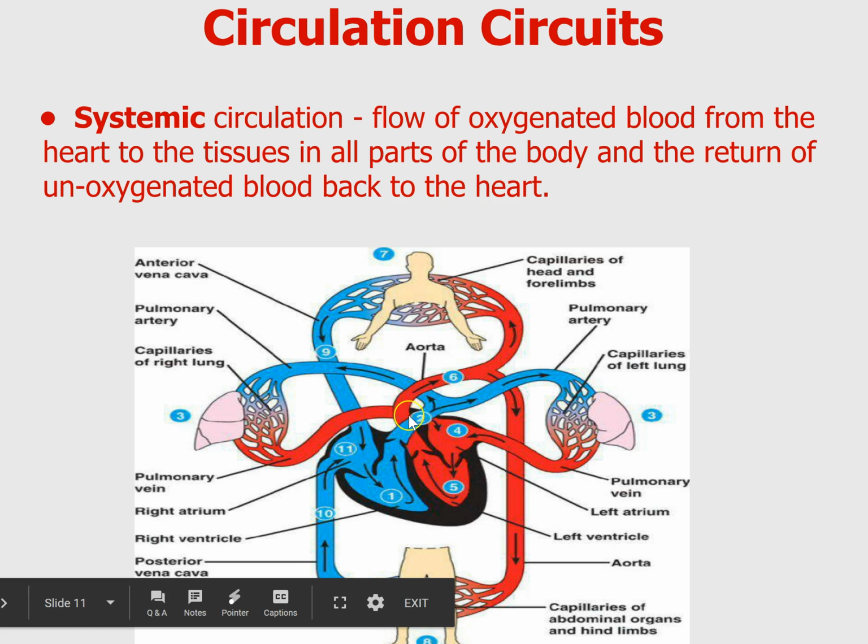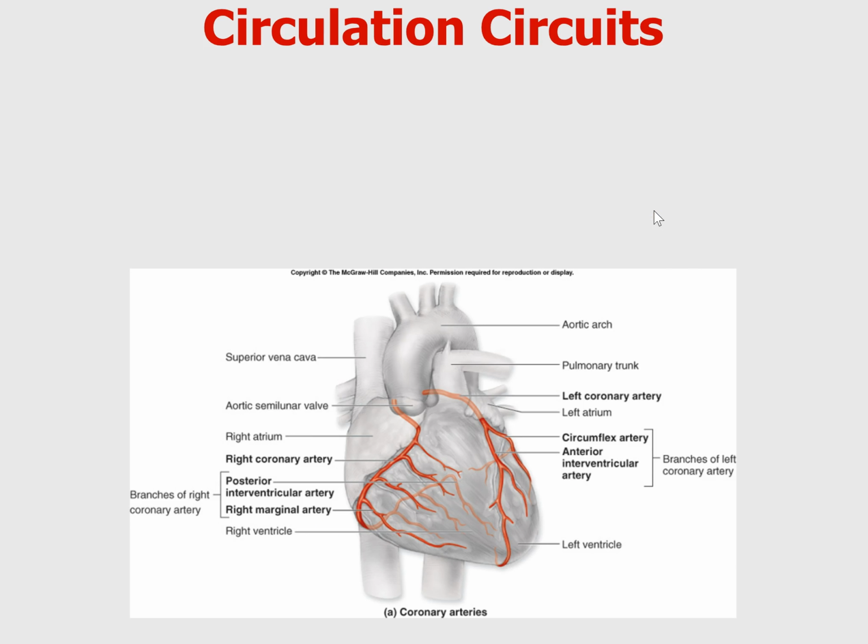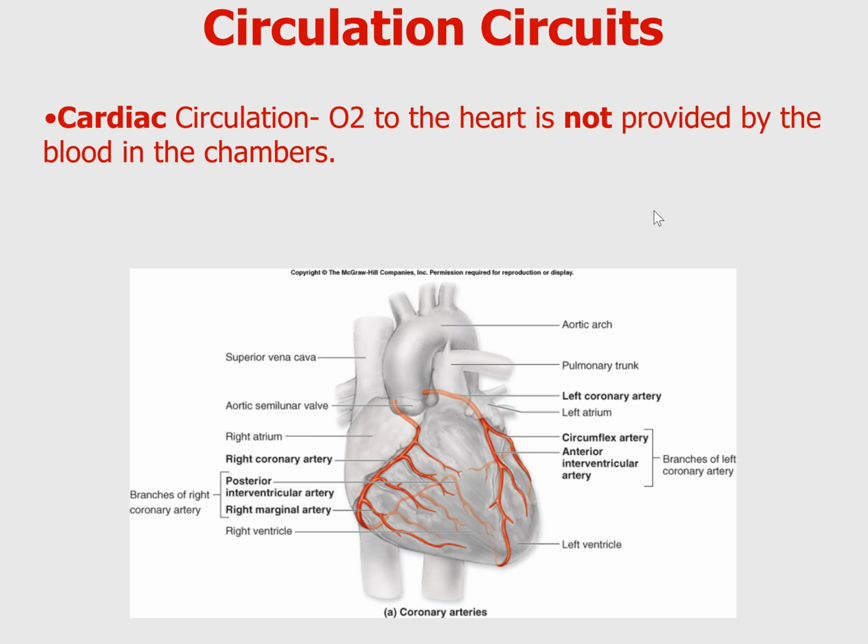It's pumped from the left ventricle out to the entire body, and then it returns back to the heart, and the cycle starts all over again. And then there's one more type of circulation. It's a sub-circulation circuit from the systemic, which is known as cardiac circulation.